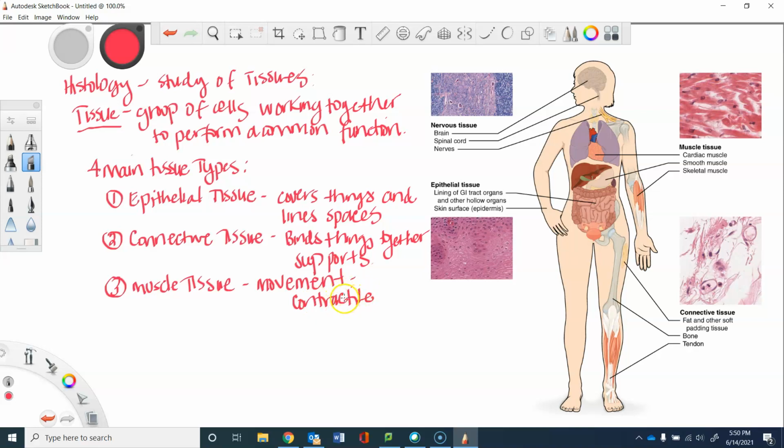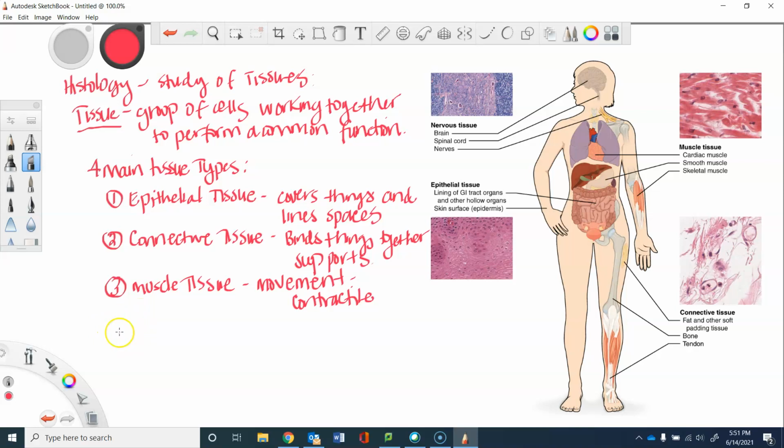So it is contractile. This movement, of course, is movement of our limbs, so that you can move around and manipulate the environment and all of that stuff. And it also includes the movement inside your body, so movement of fluids like blood, and the food that you eat through your digestive tract. Those types of movements as well.